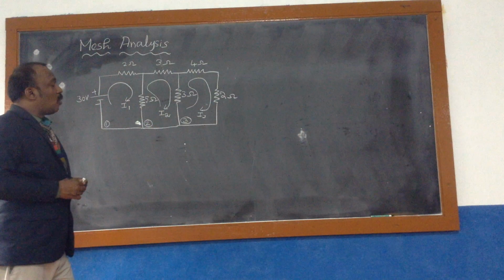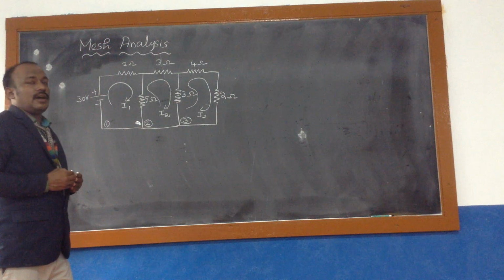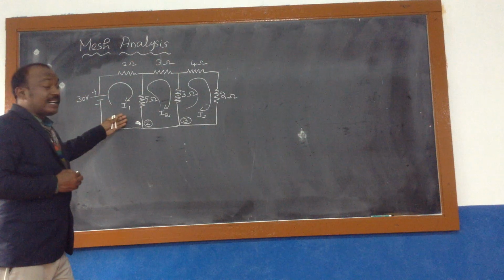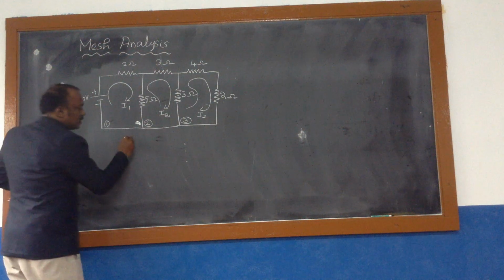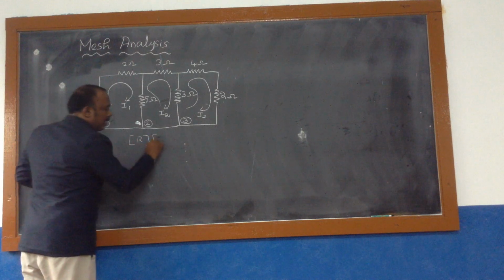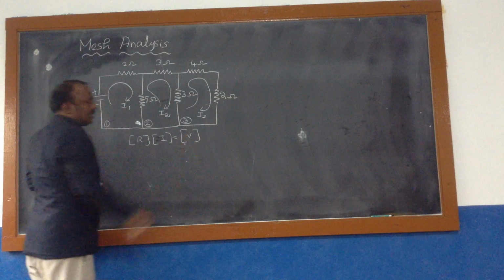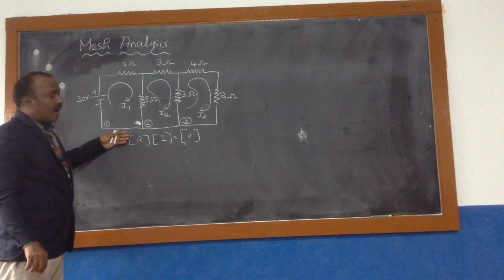Since it is a 3 loop mesh method, we are going to see the matrix equation for these 3 loops. As per the procedure, we know that the R matrix multiplied by the I matrix is equal to the voltage matrix. Now we need to expand this according to the number of loops.